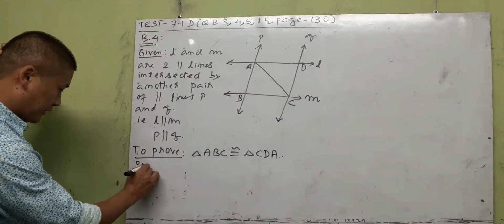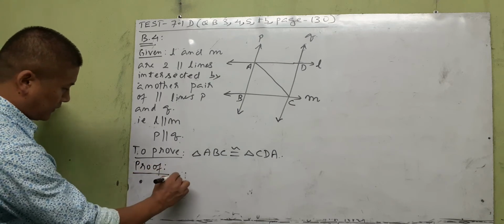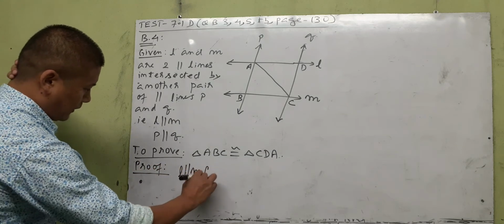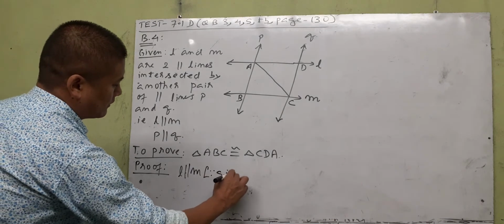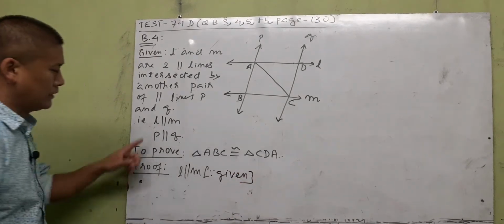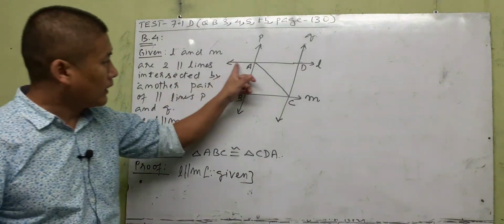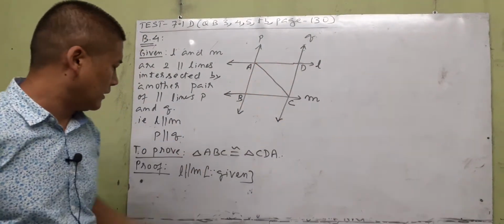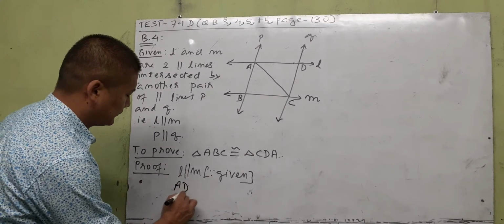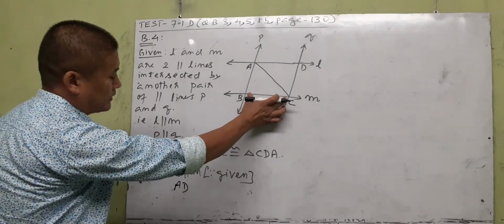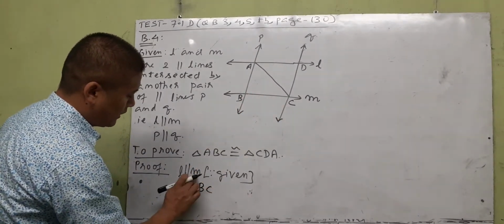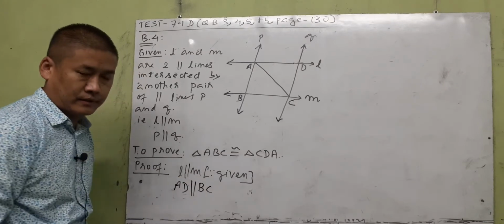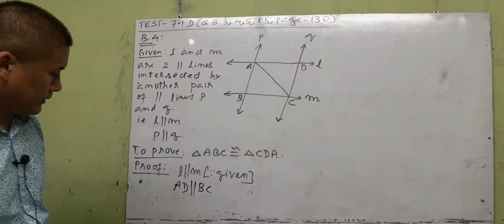Proof means the answer for this. We have here L parallel to M, because that's given to us, as we can see here. So if this line L is parallel to M, that in other words means this segment AD, which is part of L, and segment BC, which is part of the M, will be parallel to each other. Right? You're getting right.